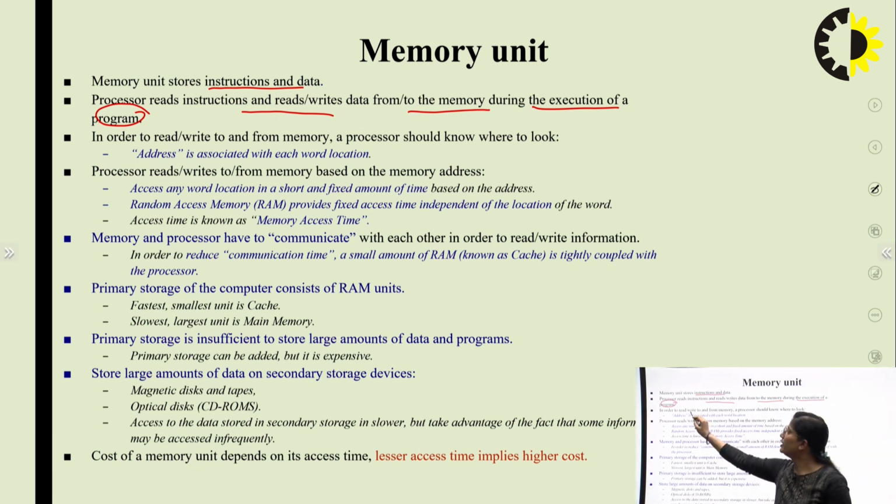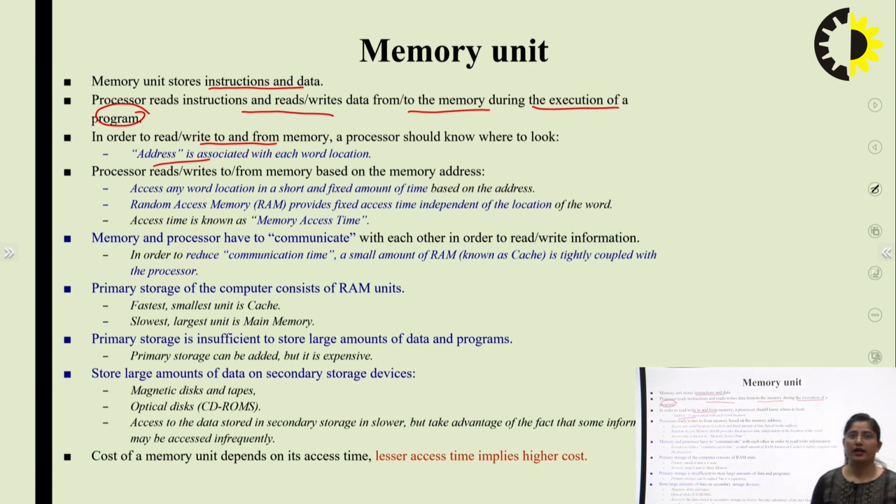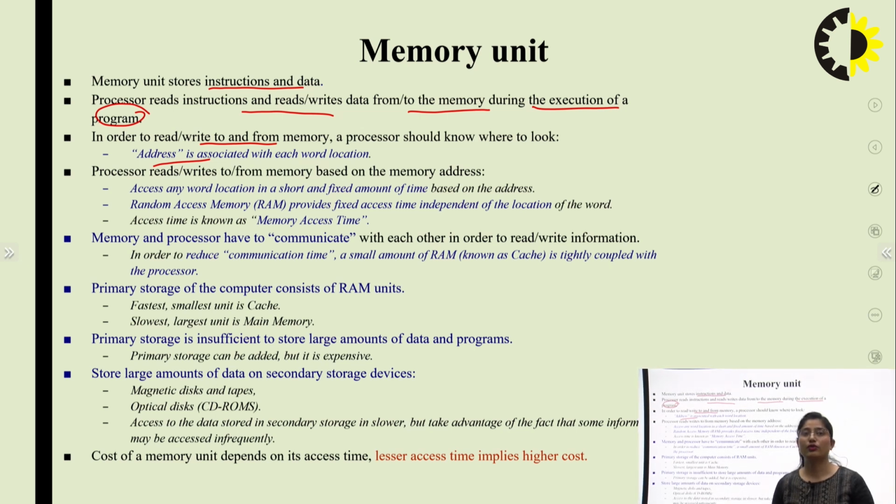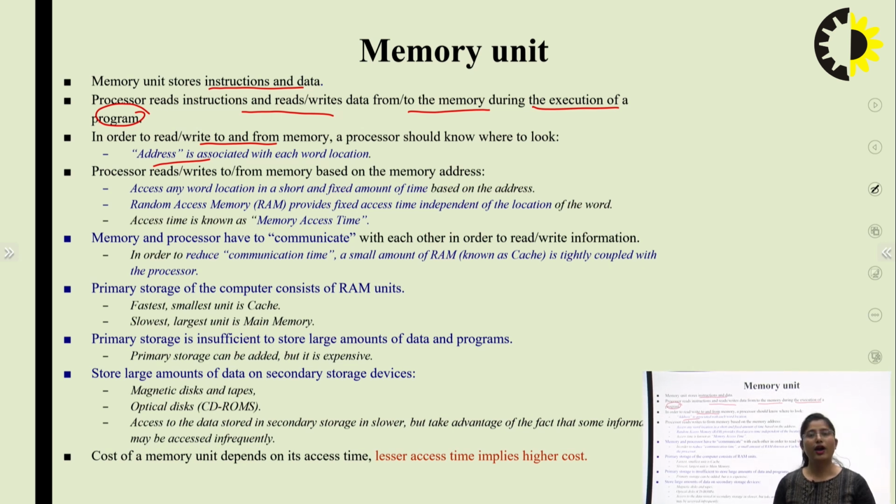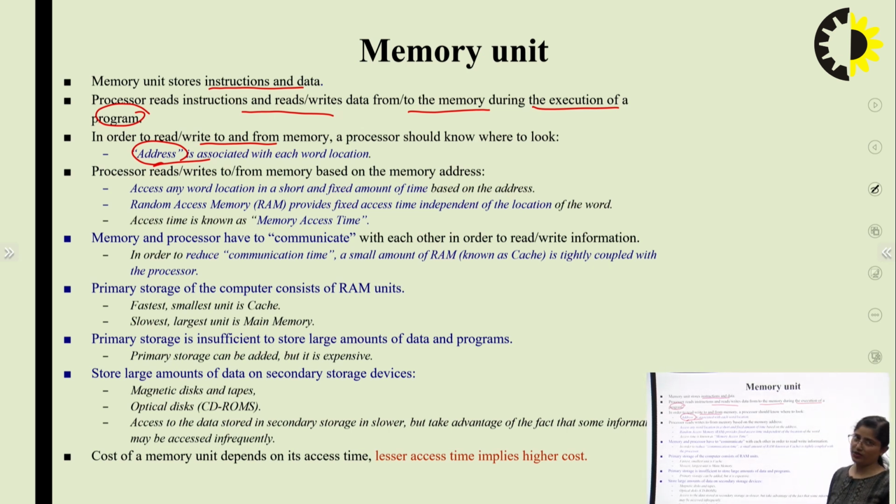In order to read or write to and from memory, a processor should know the following things. First, the address. If you don't know the address, how will you reach the location in memory where you have to store the data and from where you have to read the data? This is the most important thing. There is a bulk amount of data in memory, and you don't know what data to use if you don't have the address location.